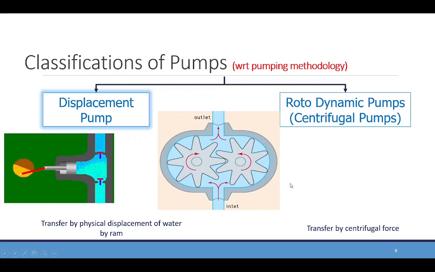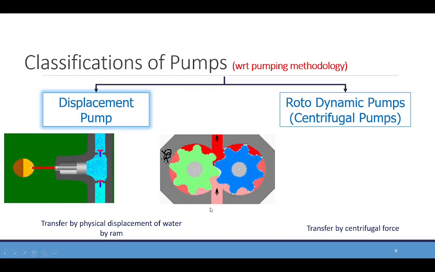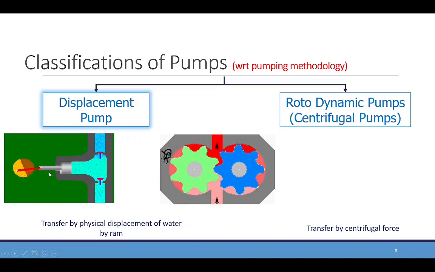Let us look at the animation. As you see here, the liquid is trapped between the teeth of the gear, and it is physically transmitted to the outlet of the pump. Both of these pumps are under the category of the displacement pump, because the methodology of pumping here is to displace the liquid physically.